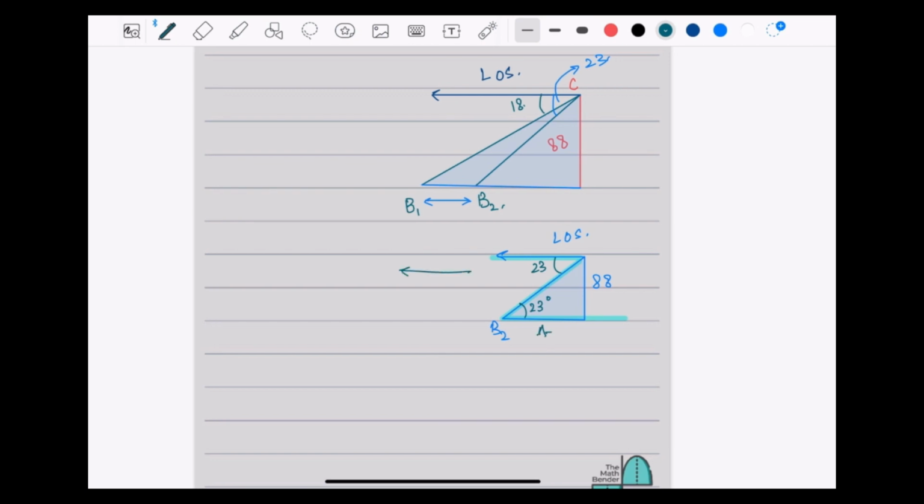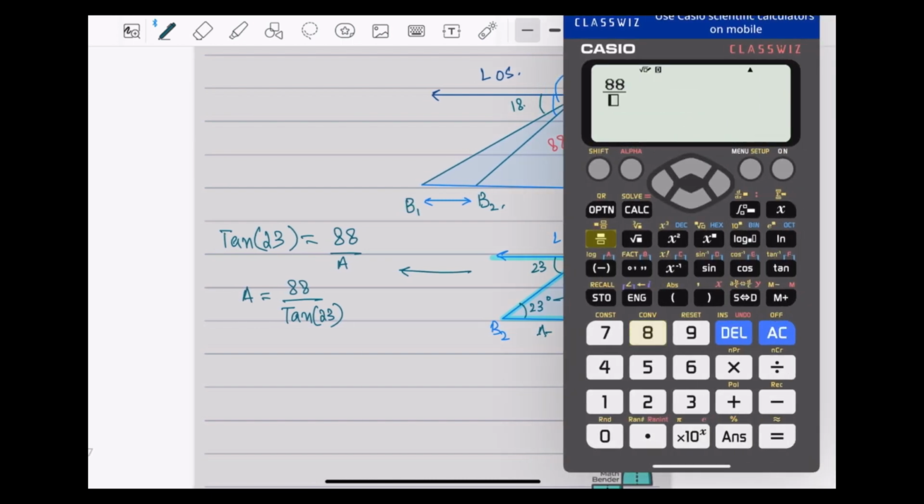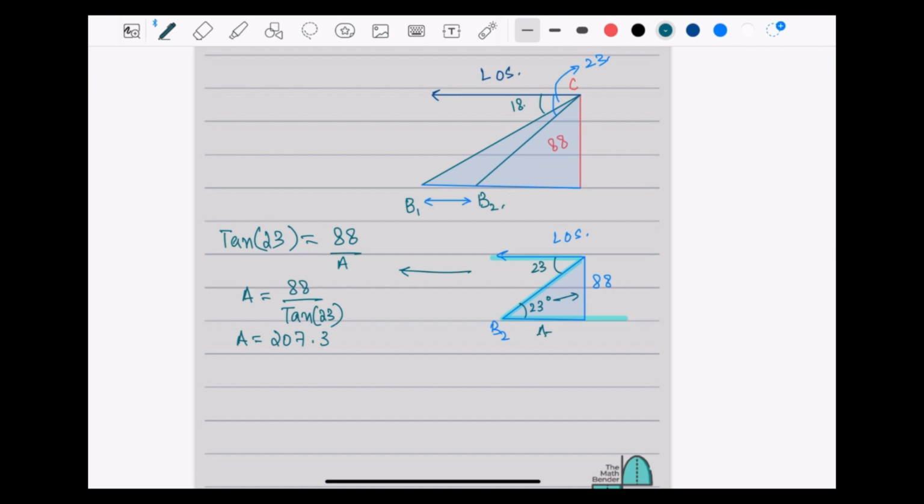So for this one, if I write tan of 23 is opposite, which is 88 over a, and a is equal to 88 over tan of 23. This is going to be 207.3. So the distance from the cliff to the boat is 207.3. This one here is 207.3.